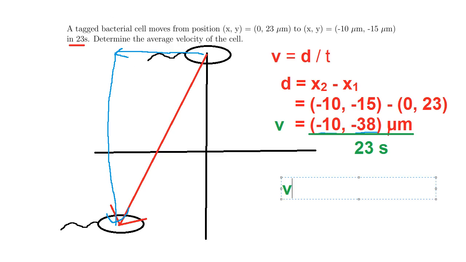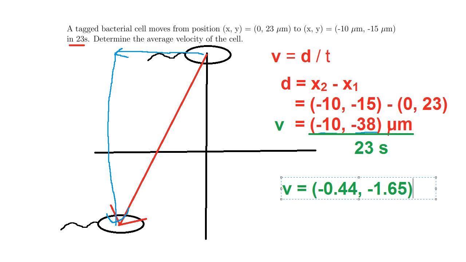So if we do this in x, keep in mind, we're going to keep the sign. We're going to take negative 10, and we're going to divide it by 23. And if you do so, you'll get negative 0.44, rounding, of course. And we can take negative 40 and also divide it by 23. And if we do so, we will get negative 1.74.